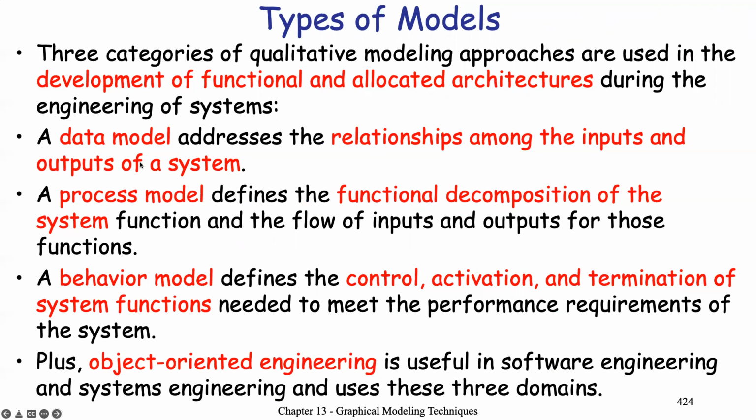So we talk about data models, process models, and behavior models in this chapter. So a data model addresses the relationship among the inputs and the outputs of a system. A process model defines a functional decomposition of the system, the function and the flow of the inputs and outputs for those functions. And finally, a behavior model defines the control, activation, and termination of system functions needed to meet the performance requirements of the system.